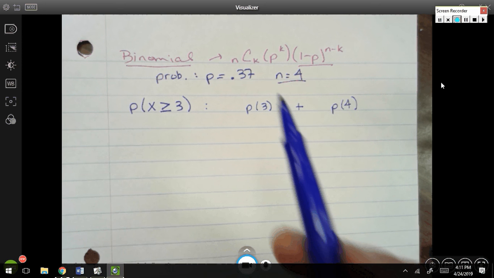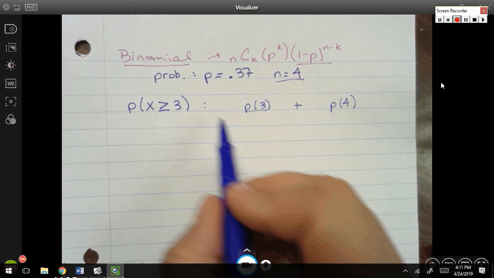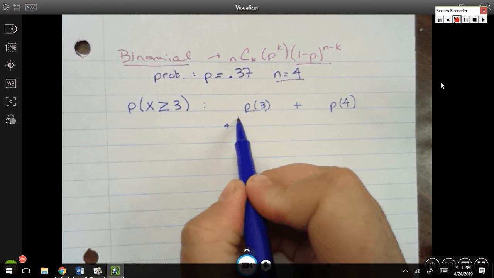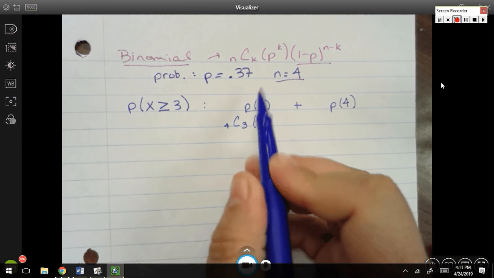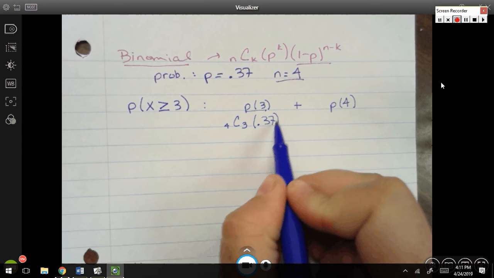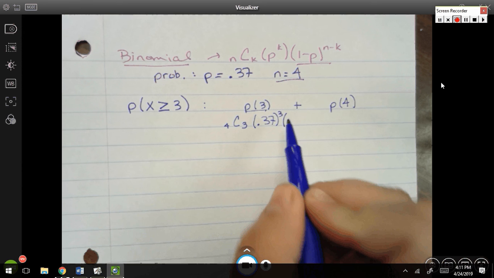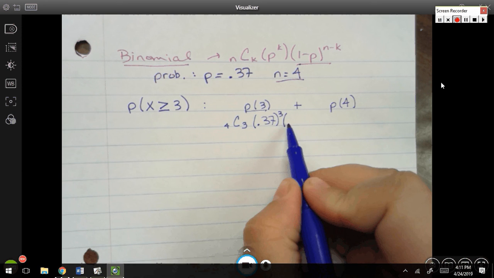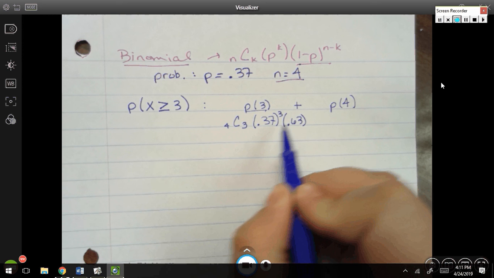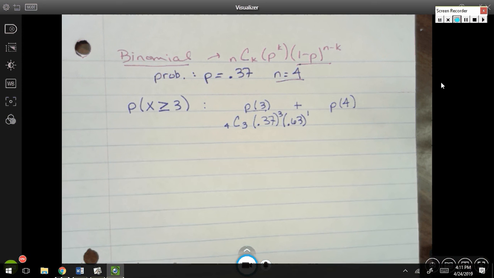So here, the probability that it's 3, of course n is 4, so it would be 4 choose 3 times my probability, 0.37 to the third. If this is 0.37, then 1 minus 0.37 would be 0.63 to the first, because I subtract the 3 from the 4.